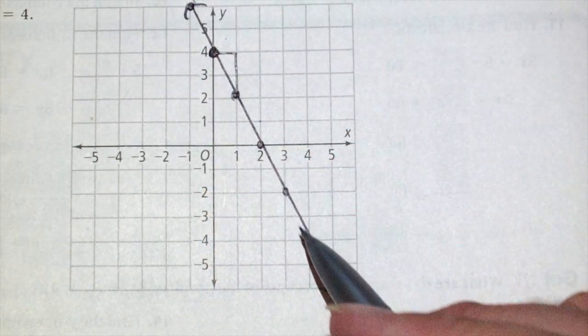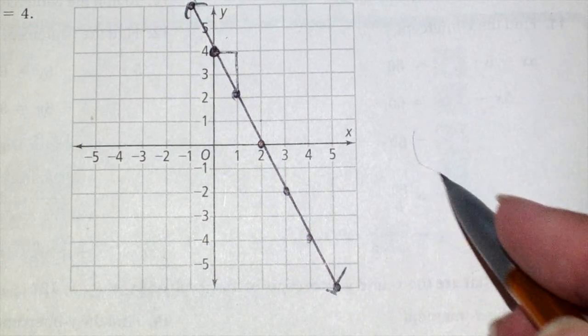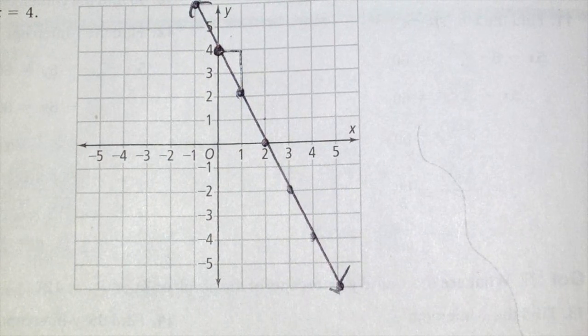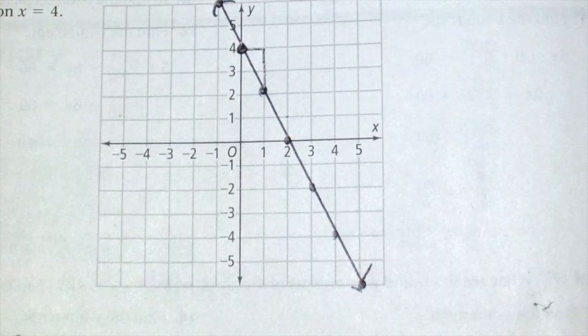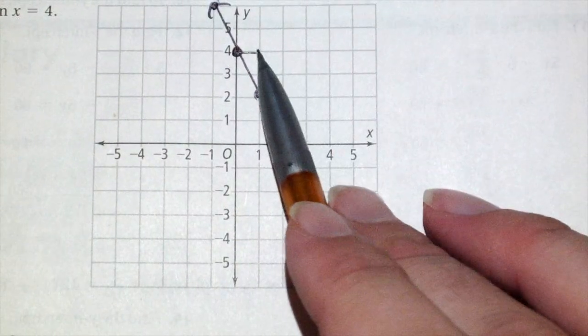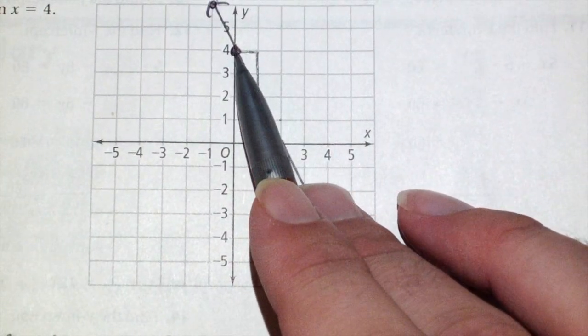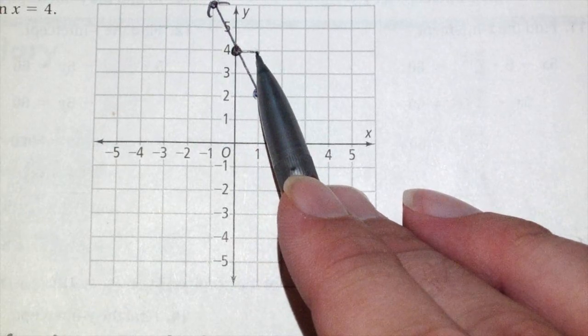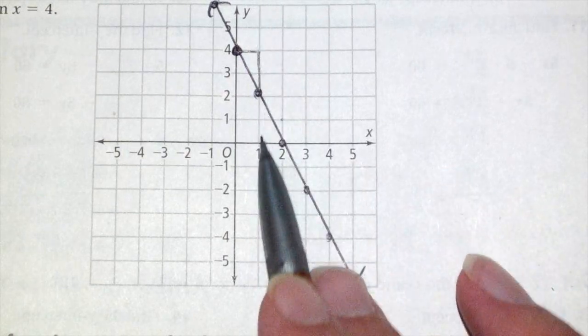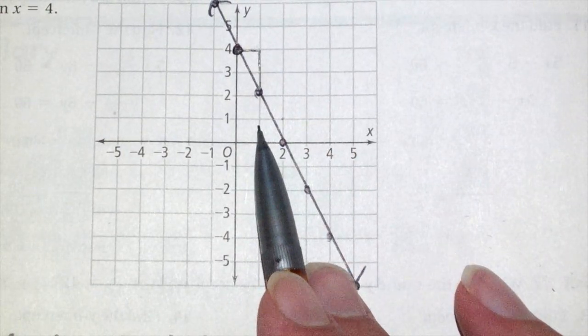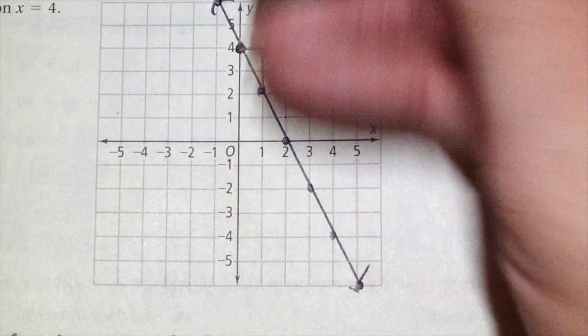It's always going down the same. If it wasn't, it would do something like that, right? It's going down more, it's going down less, etc. But the line is always going down at the same rate. And the way that we would graph a line is, we know that as we move over 1, however much y changes, so x is moving 1, however much y changes is going to give us the slope.